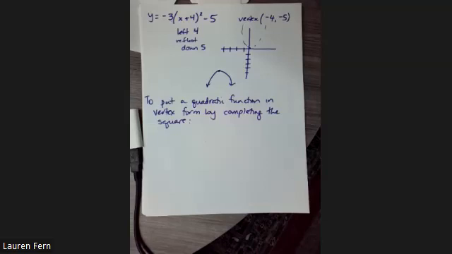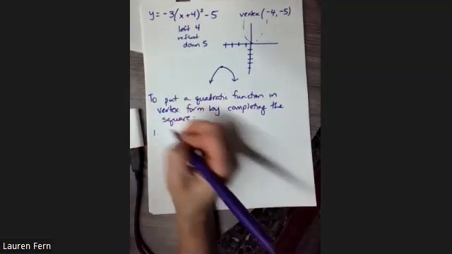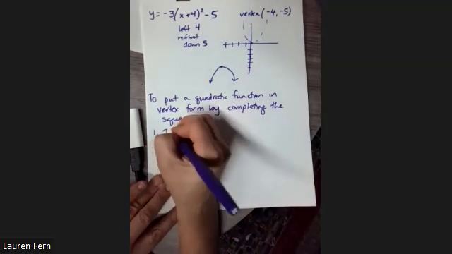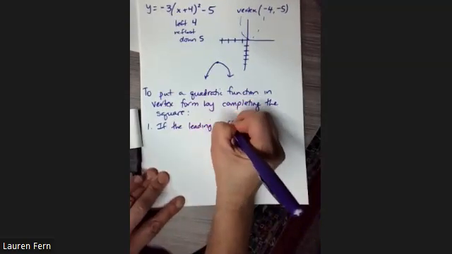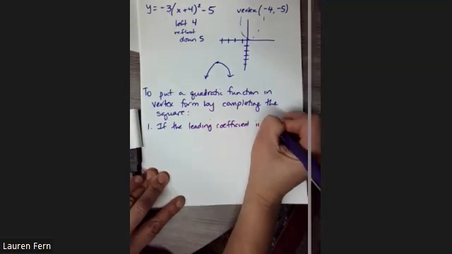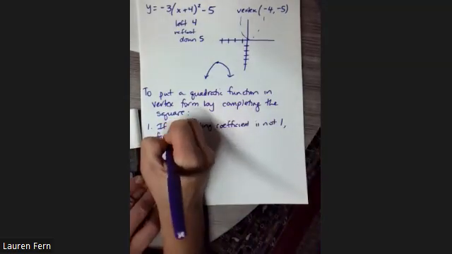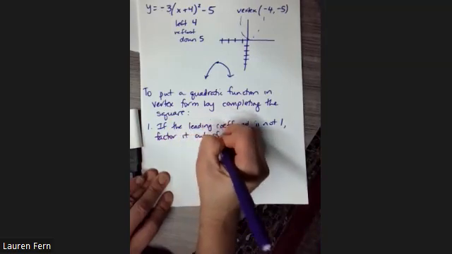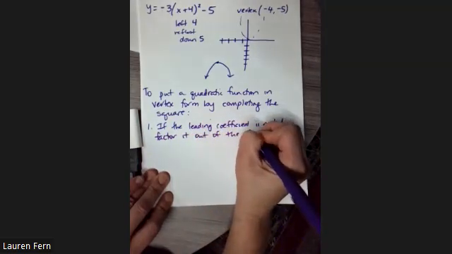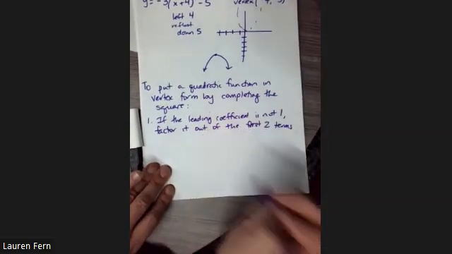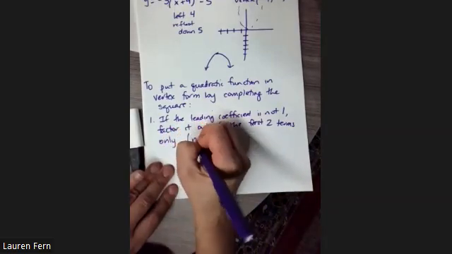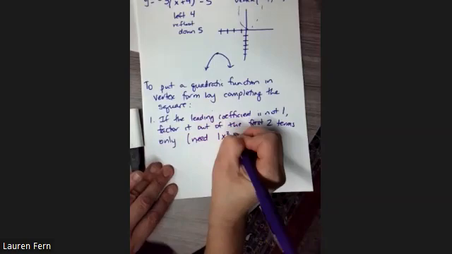First, if the leading coefficient, in other words, the number in front of the squared term, is not 1, what you need to do is factor it out of the first 2 terms. And the first 2 terms only, because we need to have a 1 x squared.